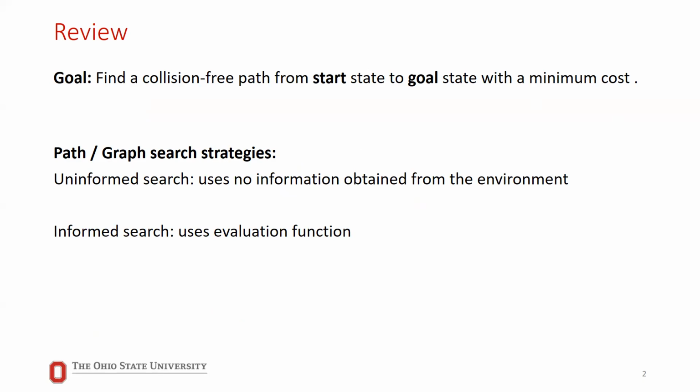So a quick review of last class. We talked about path planning in general, and we said that the goal of path planning is basically to find a collision-free path from a start state to an end or goal state. If you remember, we covered two types of path planning or search: uninformed search and informed search.